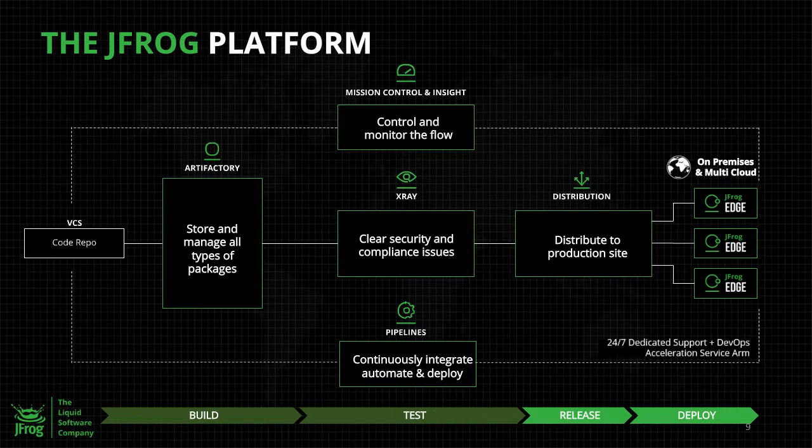X-Ray allows you also to automate things, policies you want to apply when you detect something wrong, like a new CVE or a license that you don't want to have in your product.